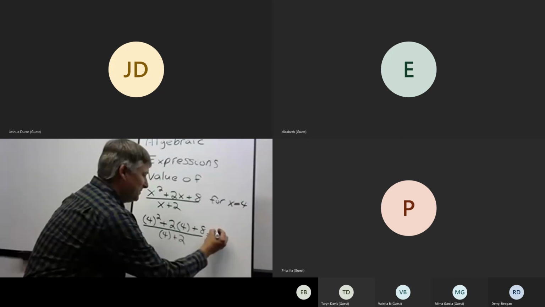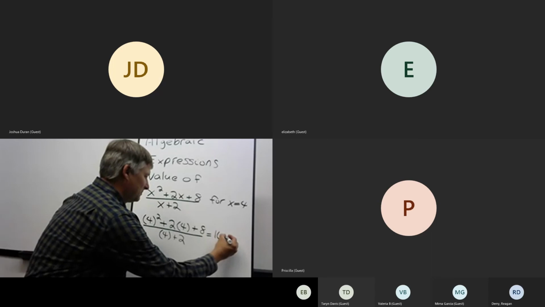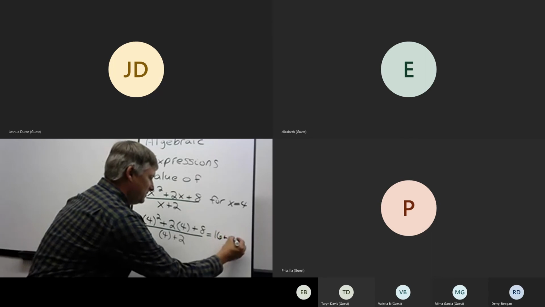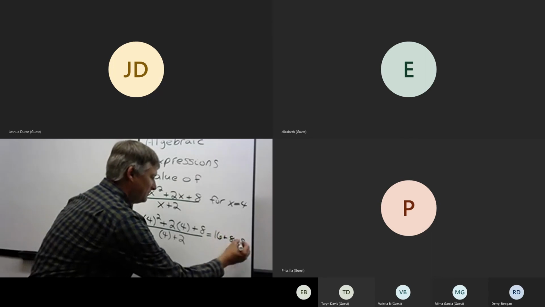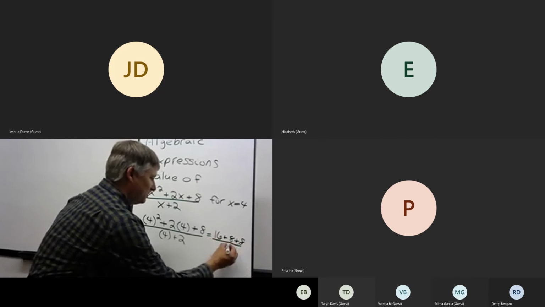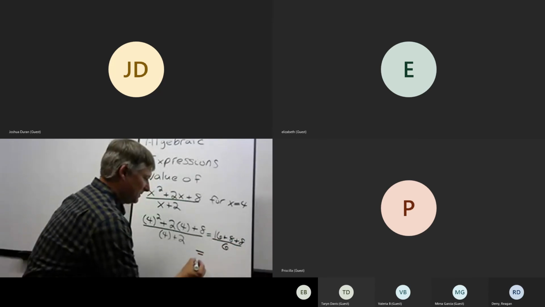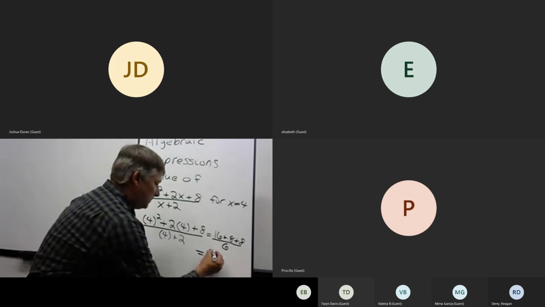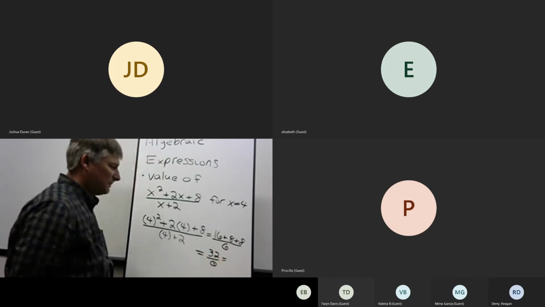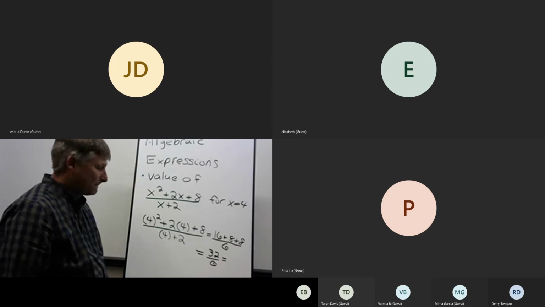So this will be 16 plus 8 plus 8 over 6, or 32 over 6. And we can reduce that.